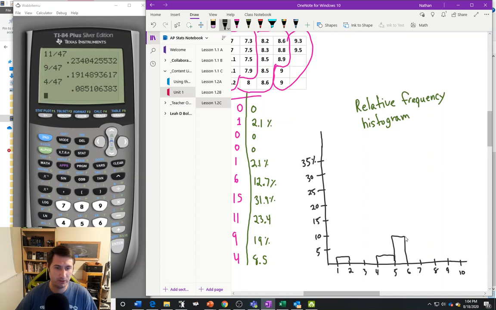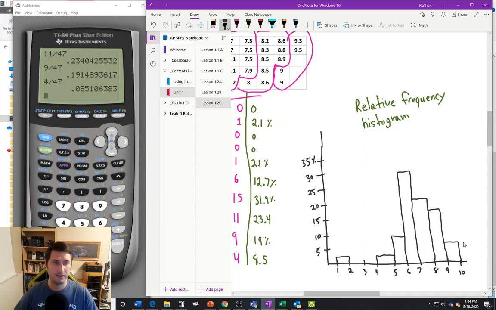Between 6 and 7, 31.9. Between 7 and 8, 23.4. And then 19. And then 8.5.